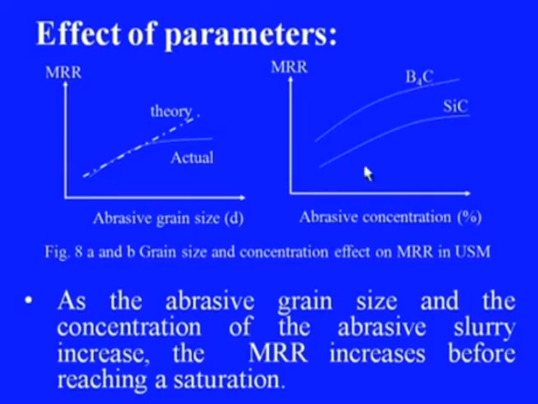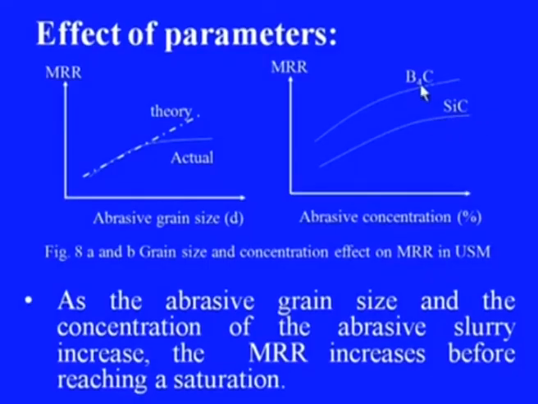However, again beyond a particular optimum level, the increase ceases or the rate of increase comes down appreciably, rather it shows a tendency of saturation. This is because as the concentration increases, rather than the abrasives hitting the work surface, they themselves hit each other and cause fracture on them.